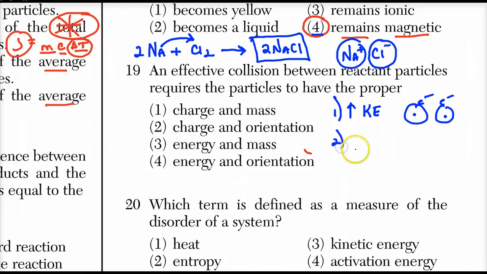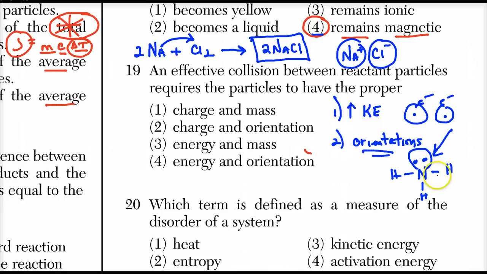2, they have to have proper orientation, because especially in bigger molecules, there are places where bonds can occur and places where bonds can't occur. Case in point, on the ammonia molecule, you've got a lone pair of electrons. That is where the action is mostly when it acts as a base. So that lone pair right there is where things have to physically collide in order to bond in that space, like an H plus can form a coordinate covalent bond.